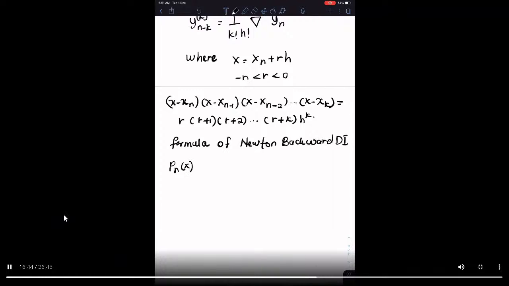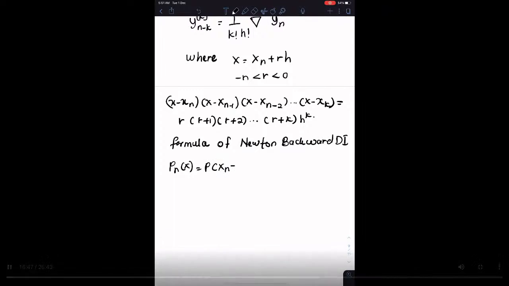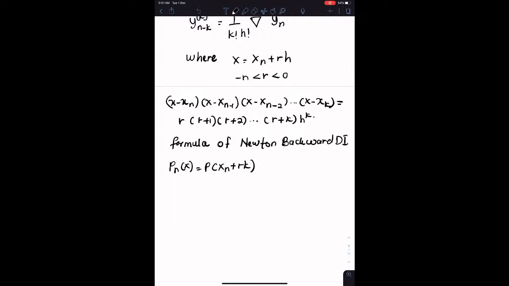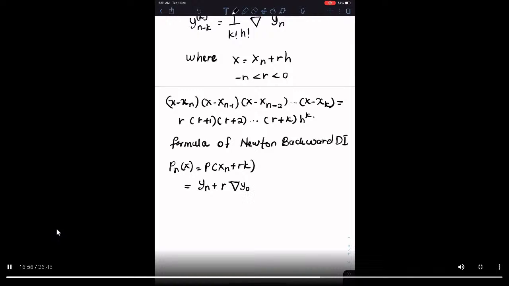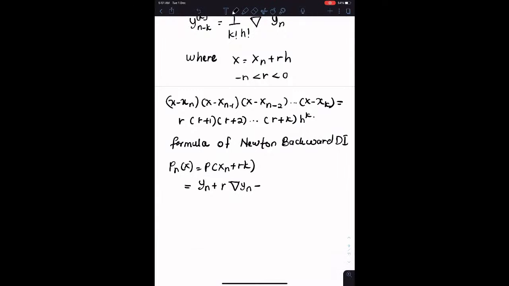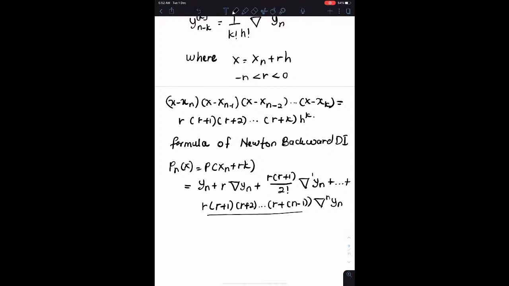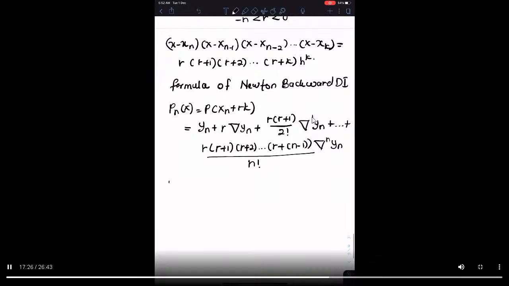So the formula for Newton backward difference interpolation is p(x) equals p(xn plus rh), which is yn plus r backward del yn plus r plus 1 divided by 2 factorial, del power 2 yn, and then plus r plus 1, r plus 2, up to n minus 1, del power n yn.